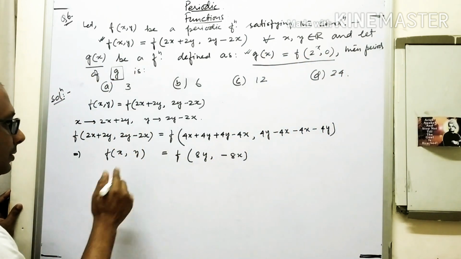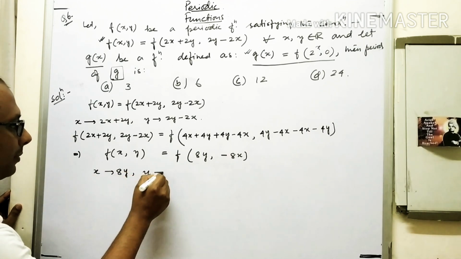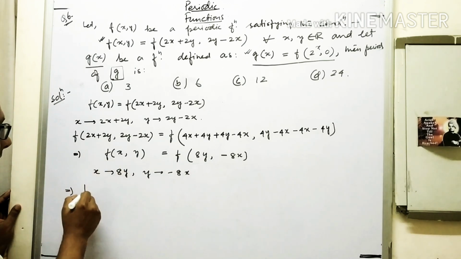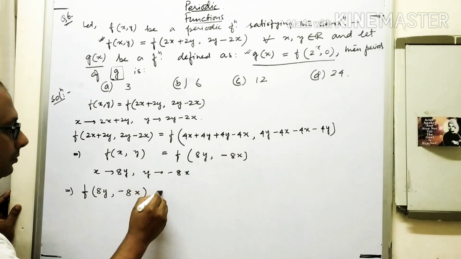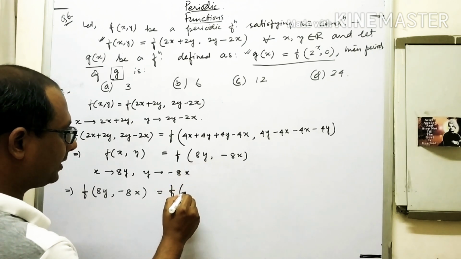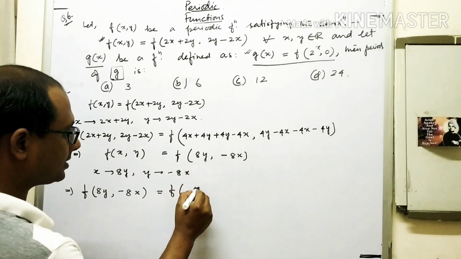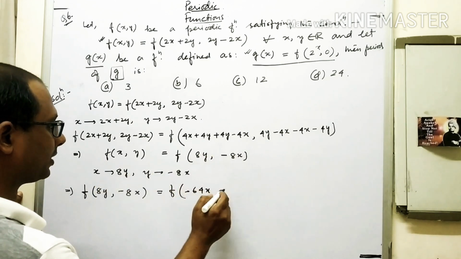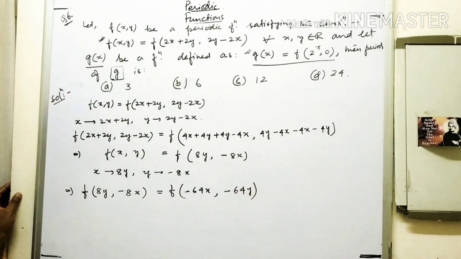Okay, so again we'll replace x by 8y and y by minus 8x. So the left hand side will become f of (8y, minus 8x), and on the right hand side we'll be getting 8y, that is 8 times 8x, minus 64x, comma, and minus 8x, so minus 8 times 8y, it will become minus 64y, right?